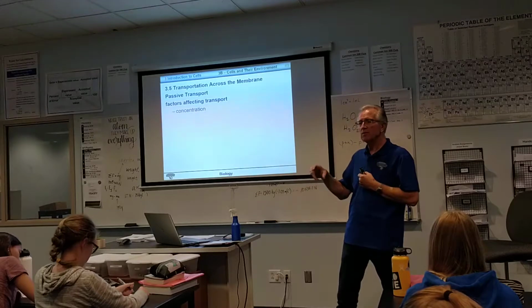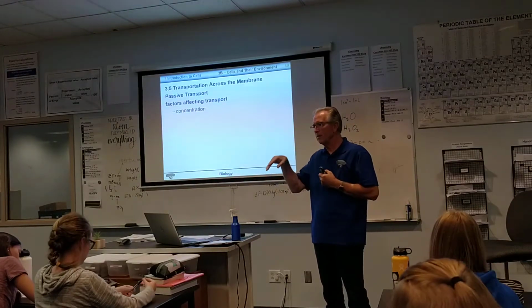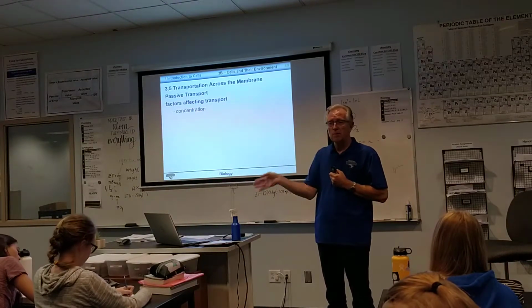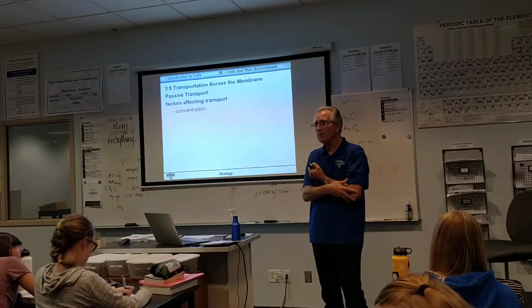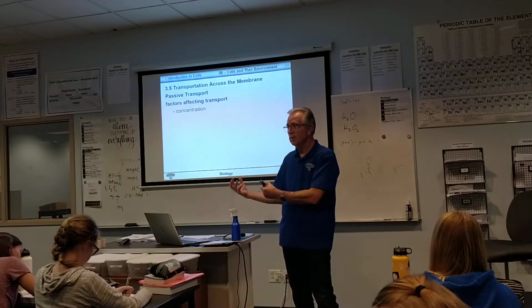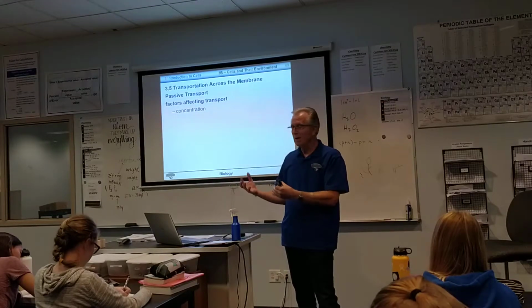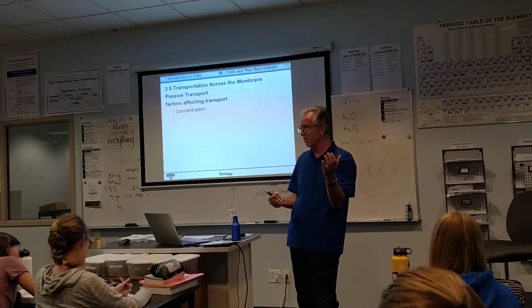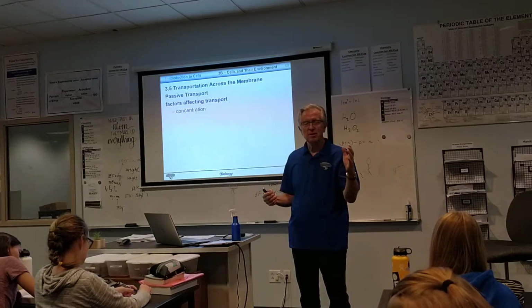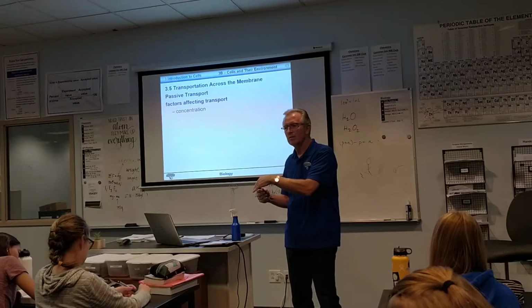Obviously one is the concentration. If you have the concentrations right, it will naturally move across the boundary. In an ordinary cell that uses oxygen, usually the amount of oxygen inside the cell is going to be less than outside the cell, right? So oxygen is going to move into the cell.